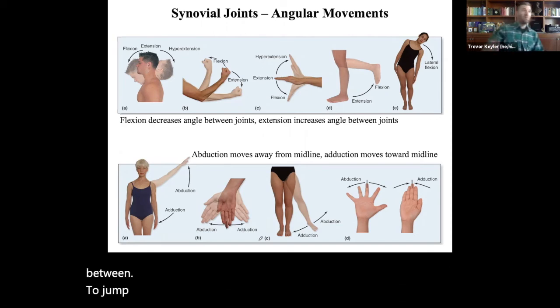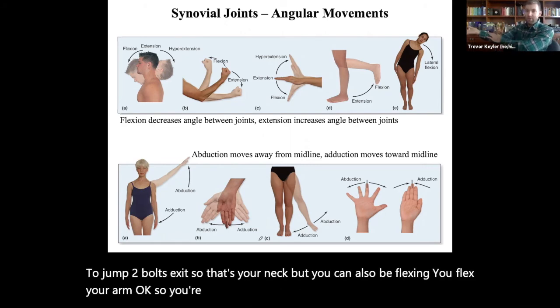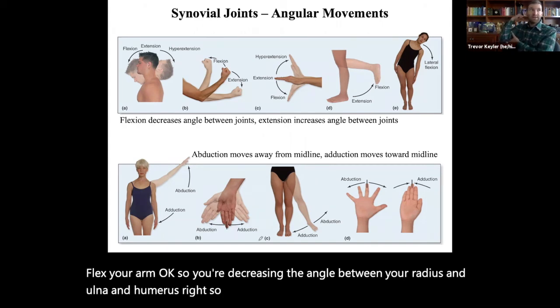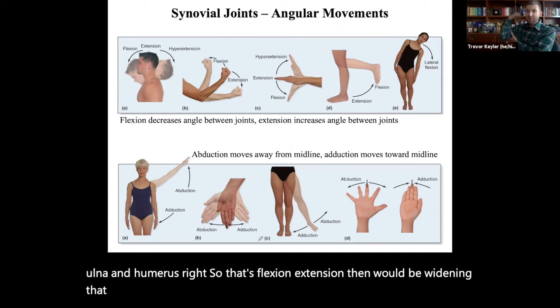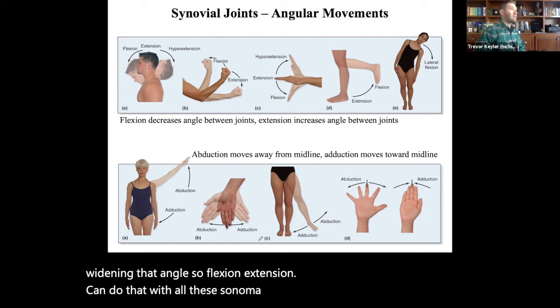So that's your neck, but you can also flex your arm. You're decreasing the angle between your radius and ulna and your humerus, right? So that's flexion. Extension would be widening that angle. We can do that with all these synovial joints. You can also hyperextend.